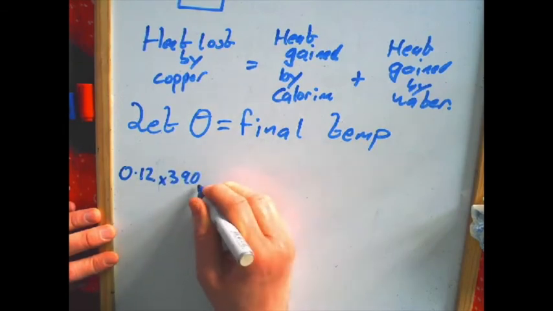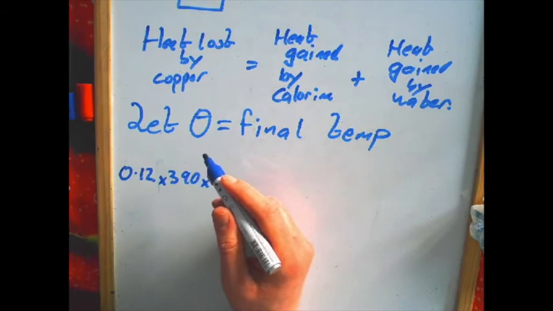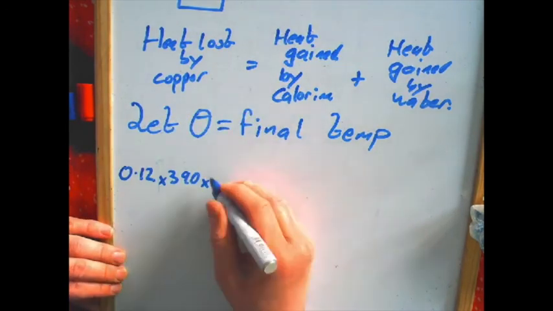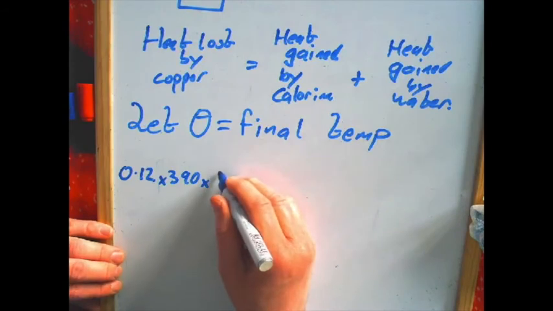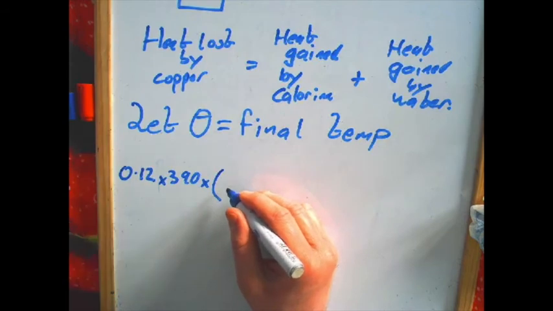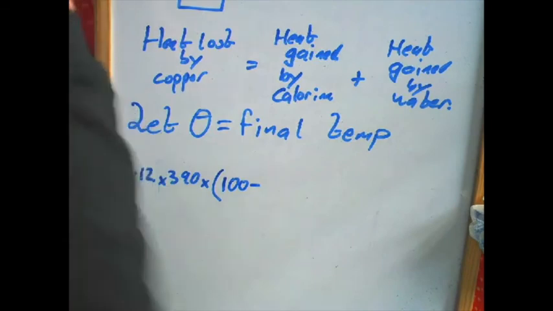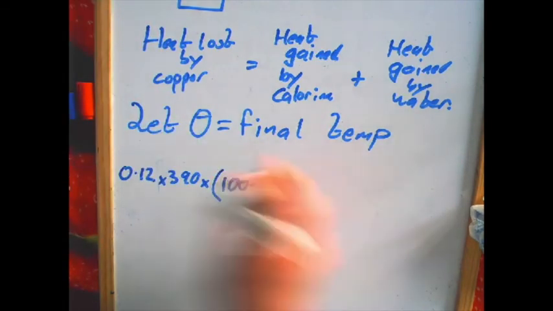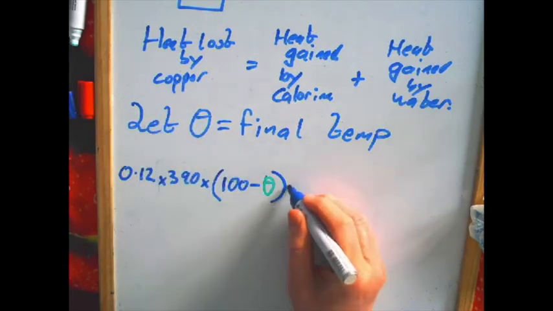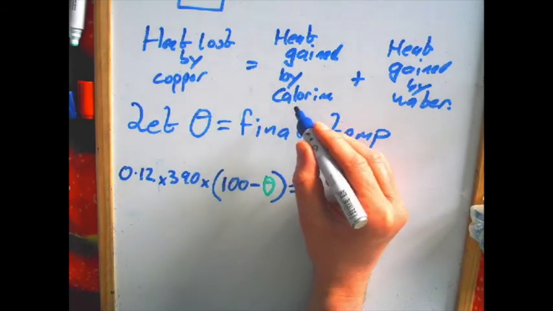The big block of copper, which is 120 grams, so its mass is 0.12 kg. Let's leave out the units. 0.12 times the heat capacity of the copper, which is 390, times the temperature difference. Now we don't know what the temperature difference is, but if you remember, it's gone down, so therefore it's going to be times its starting temperature minus theta.